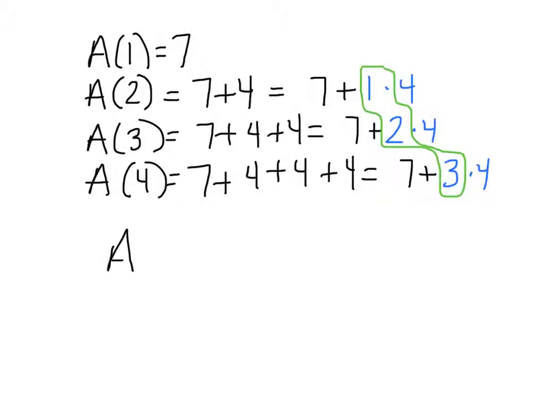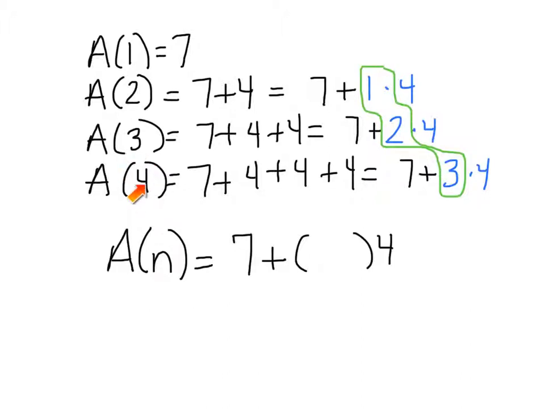So that means if we write a function rule, we can write it like this. The 7 stays there. The 4 stays there. Now let's look at your relationship. When you plug in the second number of the sequence, you get 1. When you plug in the third number, you get 2.